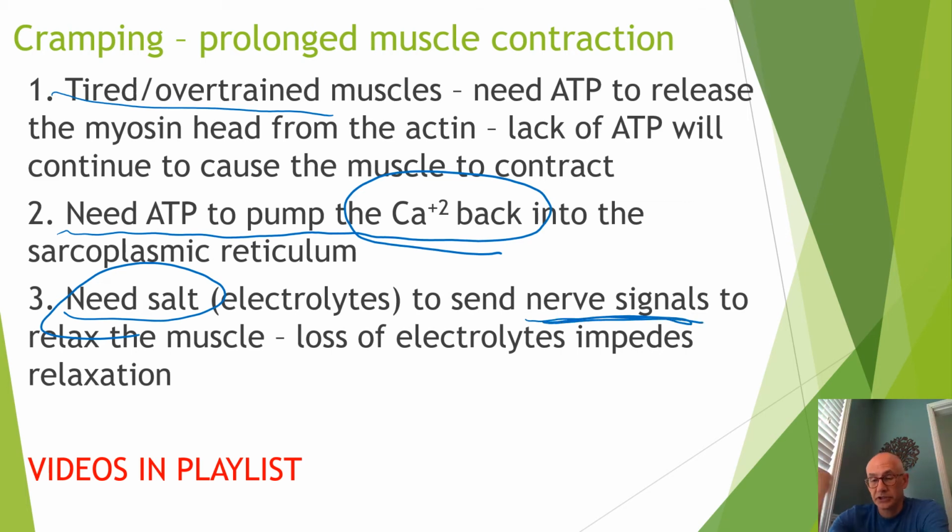And when you are contracting your muscle, you also need to send a signal to relax that muscle. And if your nervous system is not working properly because you don't have enough salt, then you can have a cramp from that process. So the main way that you lose salt is through your sweat. And all of these things can contribute to prolonged muscle contraction, which is cramping.